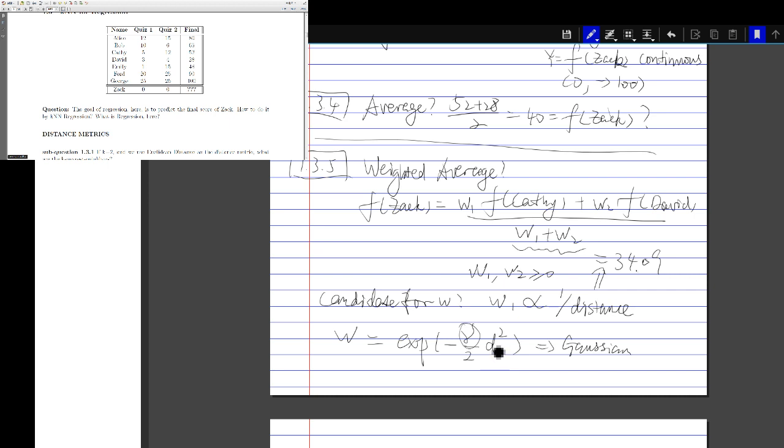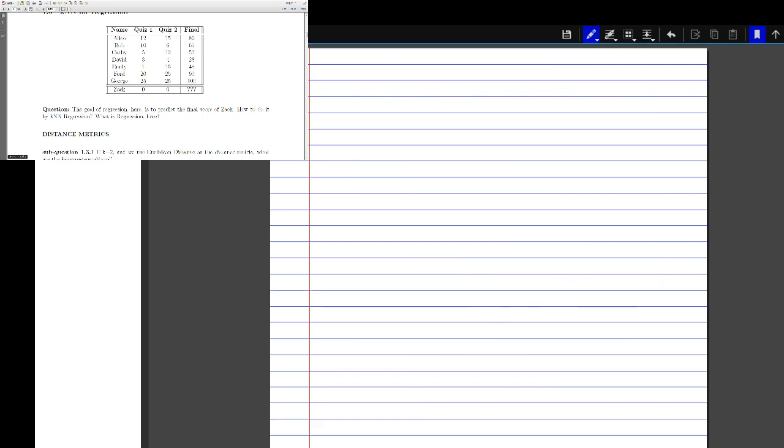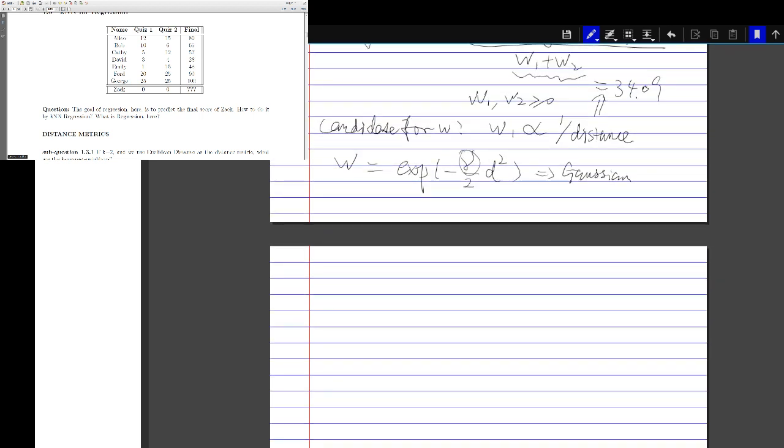The larger the distance, the larger this number is, the smaller this exponential will be. So it's like saying that the further your neighbor is, the less influence it will have on your data point. Okay, so it's pretty reasonable. And I won't go into the details of calculating the final score for Zach using this metric though. But just keep in mind that this is something that you can use in real data.